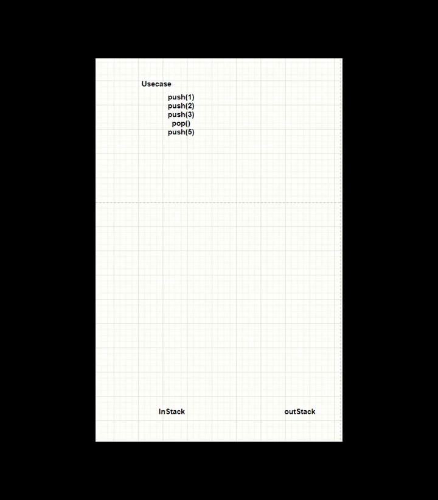Here, to implement queue using stack, we make use of two stacks. One is called in stack, another is called out stack. And the use case is as given here. We are required to push three elements and then pop one element out of the queue and then again push.